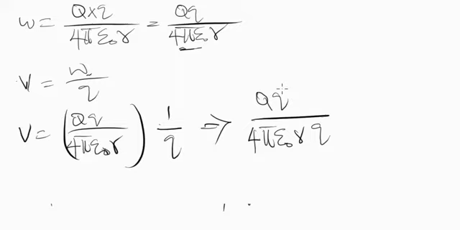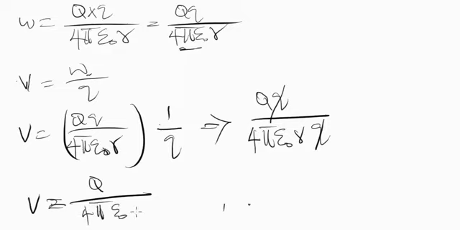Now, if I go ahead and divide this out, this gets cancelled, and then I have V as equal to Q over 4 pi E naught R.